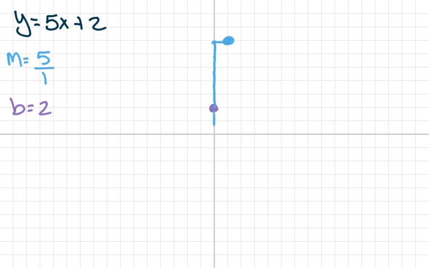So 1, 2, 3, 4, 5 over 1. 1, 2, 3, 4 over 1. And then use the ruler and draw your arrows. So there's our graph.